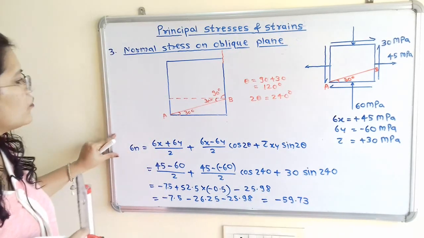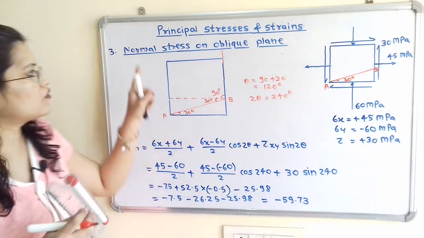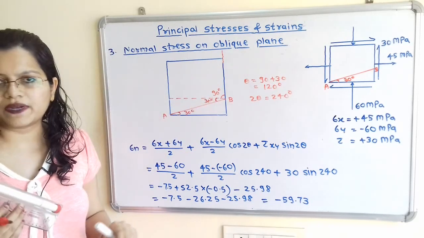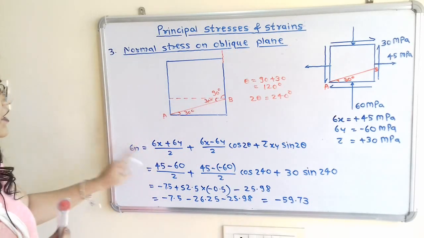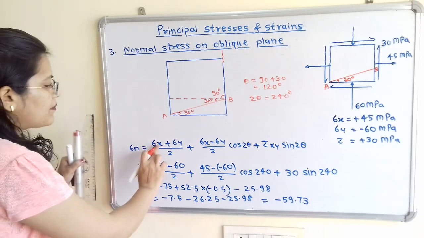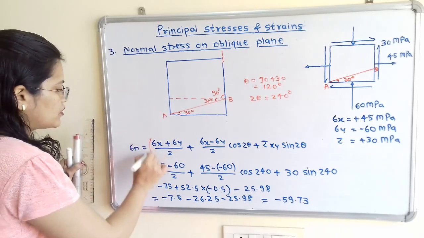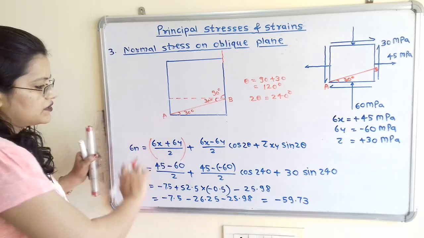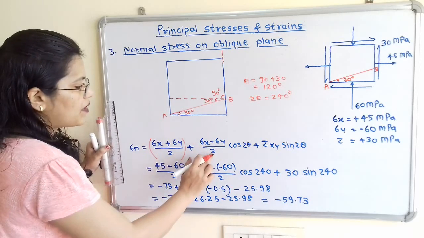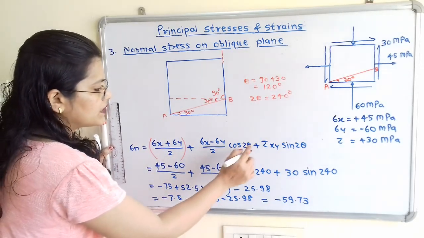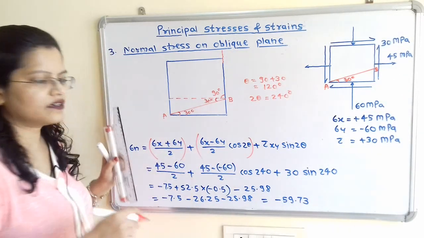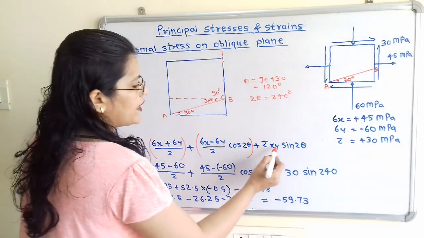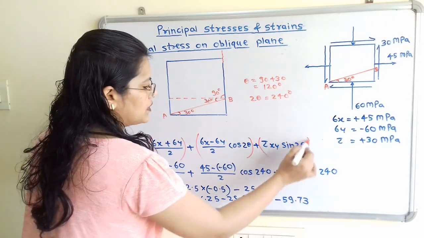Now we will move to the formula for the normal stress on an oblique plane. We have the formula sigma n is equal to sigma x plus sigma y by 2. This is the first term, plus sigma x minus sigma y by 2 cos of 2 theta. This is the second term, plus tau xy sin of 2 theta.